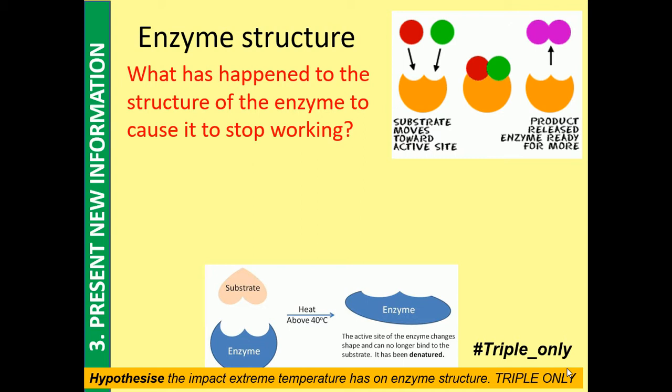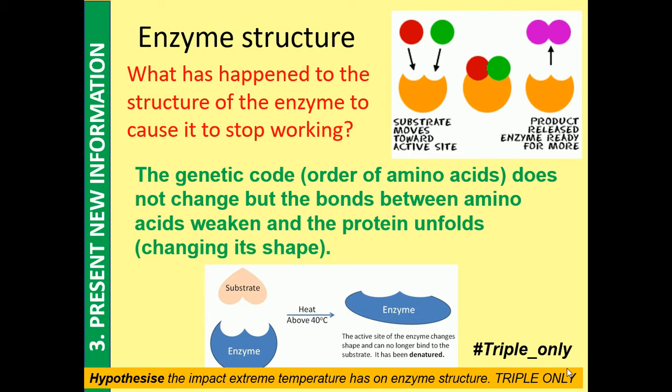So this is triple science only, this one slide, and it relates a bit to paper 2 really. So what's actually happened to the structure of the enzyme to cause it to stop working? This is when it's heated up. The genetic code, the amino acids, the coding of bases in the protein has not changed.